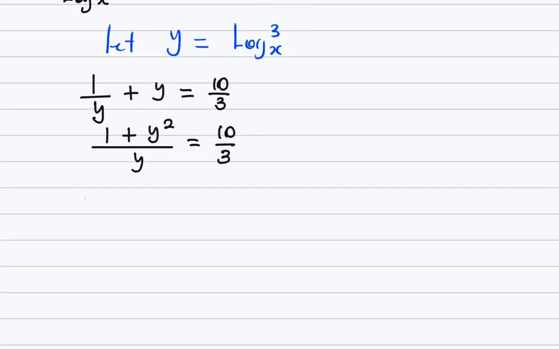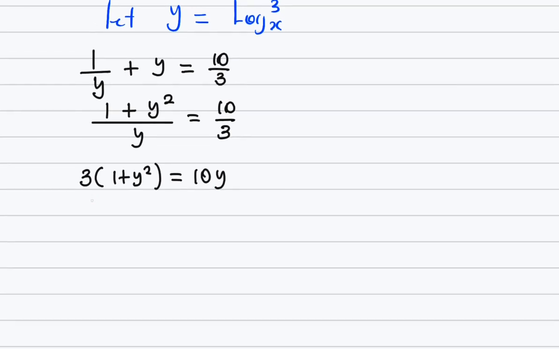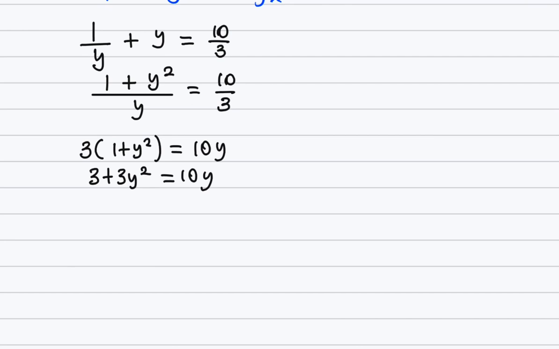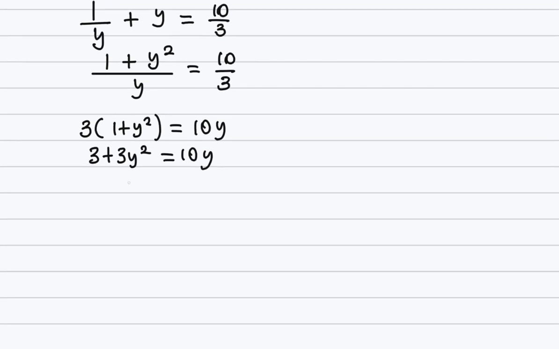Then cross multiplying, I'm going to have 3 into 1 plus y squared is equal to 10y. Now this is 3 plus 3y squared is equal to 10y. It's taking shape like a quadratic equation. So I'm going to have 3y squared minus 10y plus 3 is equal to 0.